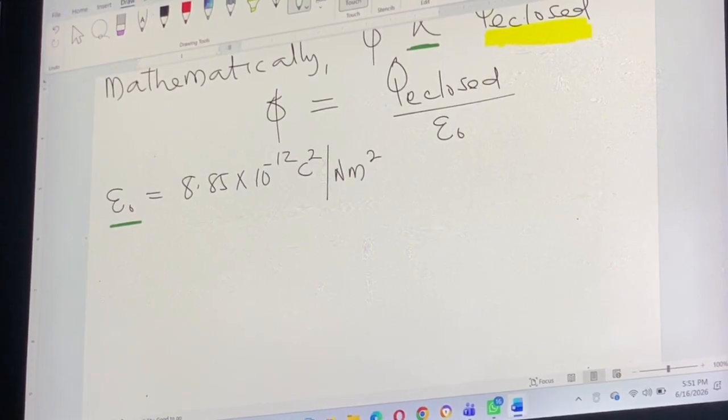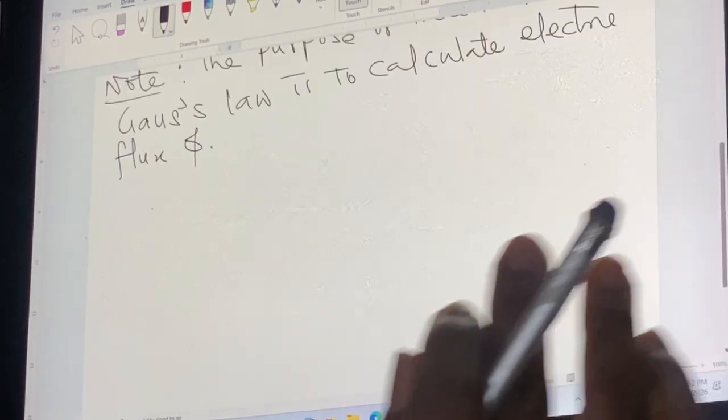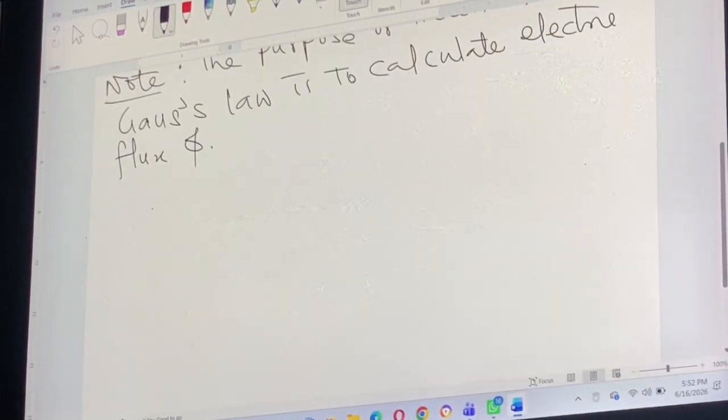Note that the purpose or intention in Gauss' law is to calculate electric flux. Let's know the various formulas for electric flux and when to use them. Please write a subheading: Electric flux formulas and their uses.